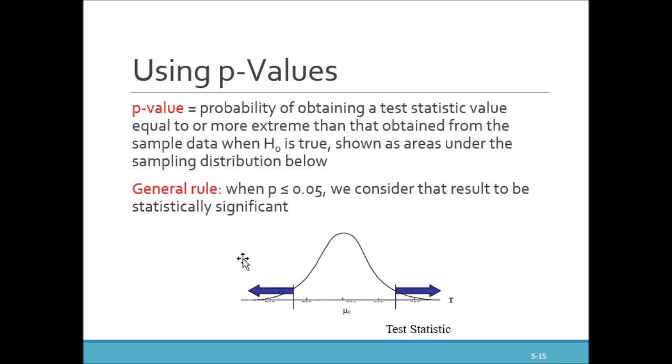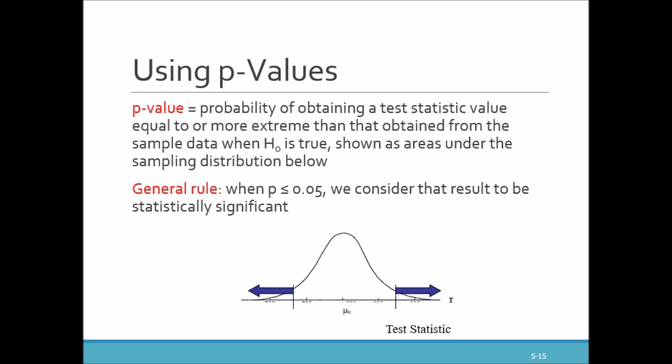So using p-values. P-value is the probability of obtaining a test statistical value equal to or more extreme than that obtained from the sample data when the H naught is true. So if you remember, p-values are the probability of.